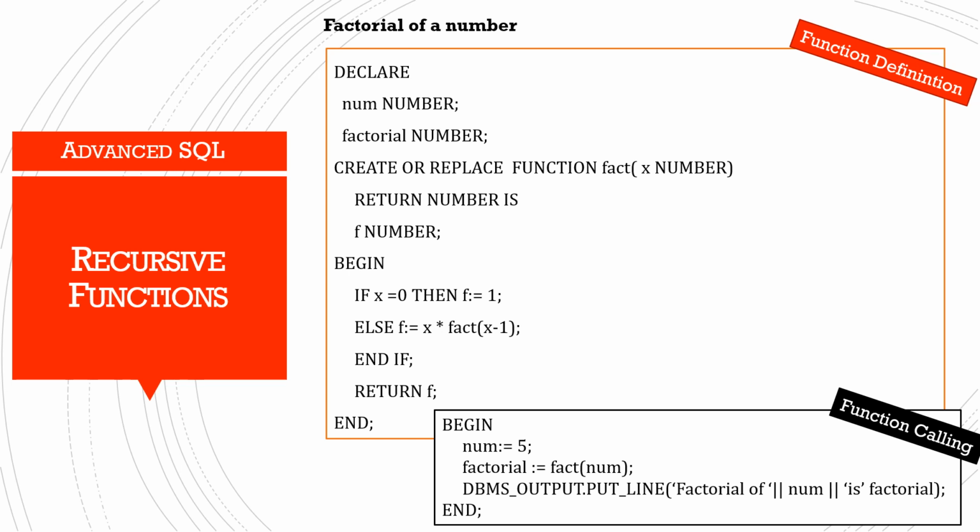So this num will be assigned to the variable x, and that particular loop will be executed, and it finds the factorial of a number, which will be stored in the variable factorial. And we are outputting that using this dbms_output.put_line function. Okay, that's about how to find the factorial of a number.